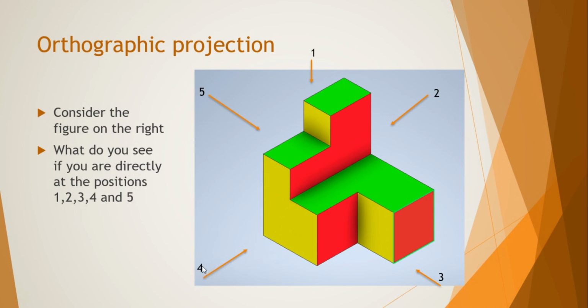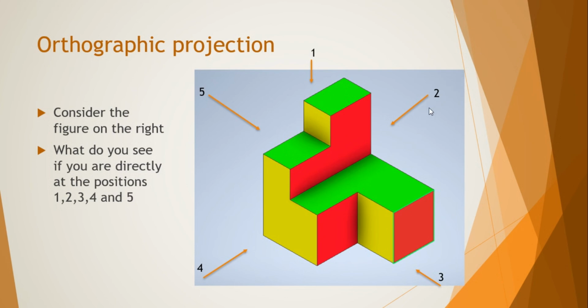If you are at view number 4, you will only be able to see these yellow faces, and if you are directly at view number 3, then you will only be able to see the red faces, this and this. And if you are at the top view, you'll be able to see the green faces, this and this.